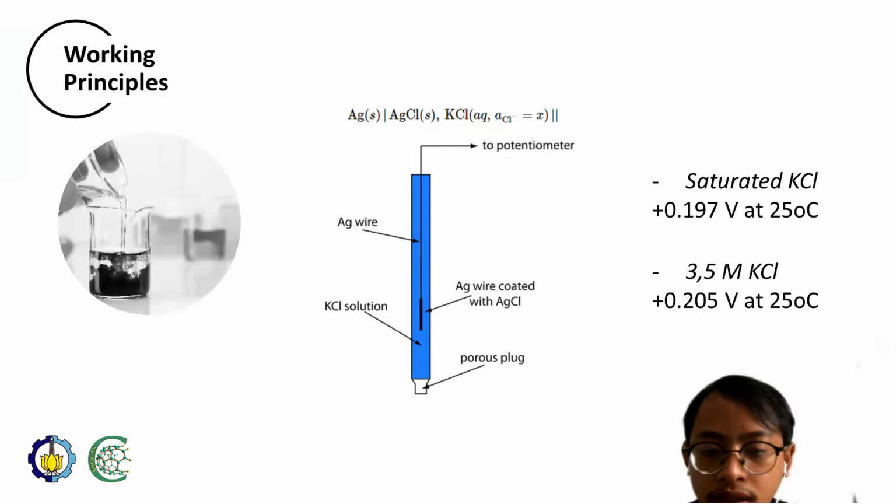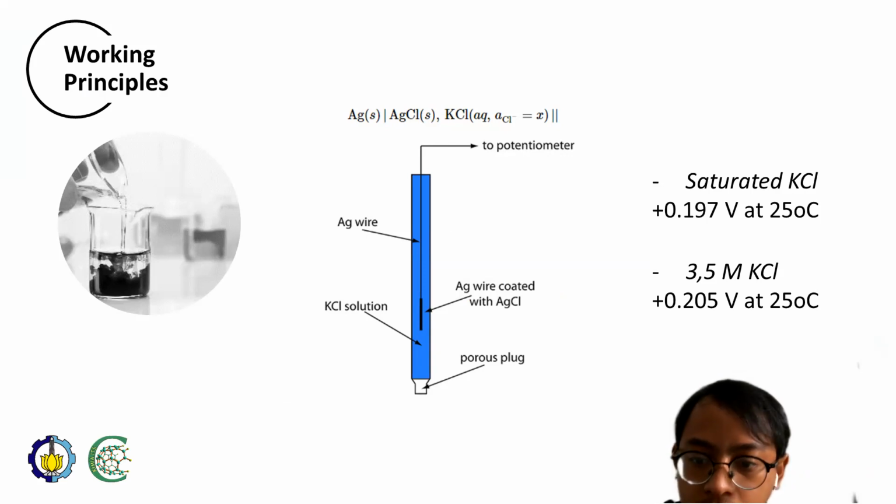There is a silver wire at the end of the system, coated with a film of silver chloride, with this silver wire immersed in a solution that contains a desired concentration of potassium chloride.